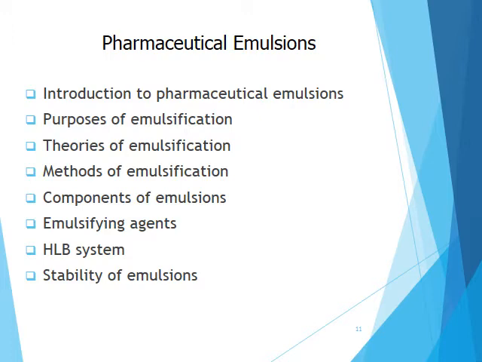So that's another thing. And then as an important part of emulsion, we need to know something related to emulsifying agents, because without these agents it's probably very difficult to prepare pharmaceutical emulsions. And then we will talk later on the HLB system. So this is related to the emulsifying agents.